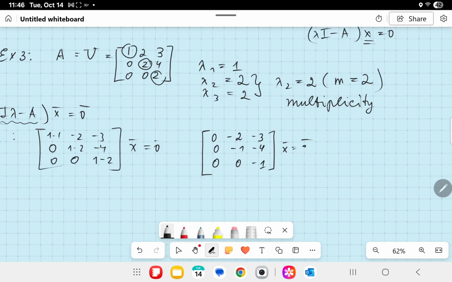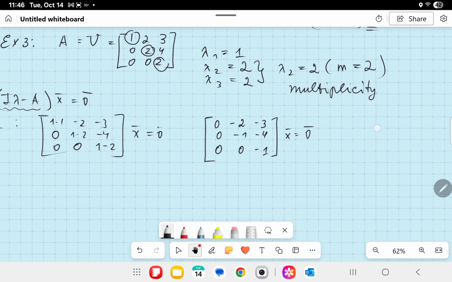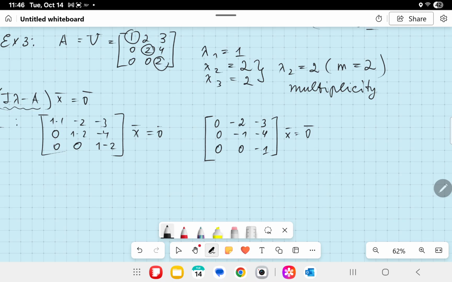Well, what is going to be a solution of this? You see that we do have one column totally equal to 0, right? And you probably think it doesn't look very obvious that one of these rows is going to be linearly dependent on another one, right?